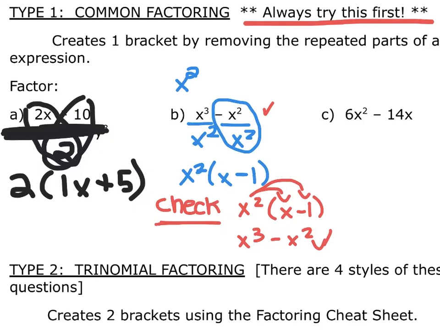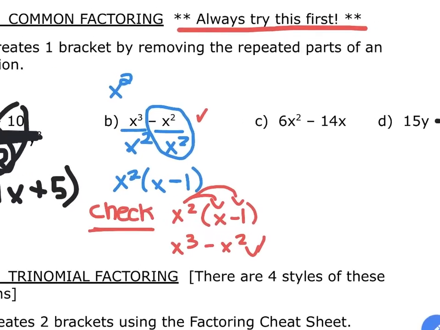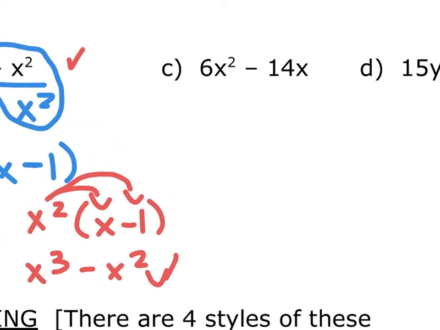Okay. Sometimes when you have equations, you're only going to be able to take out so much of them. You're not going to always be able to take out everything. So in this one, what could we take out that's common between 6 and 14? 2. Okay, and what else? X. Yeah, 2x. So we're going to divide everything by 2x.